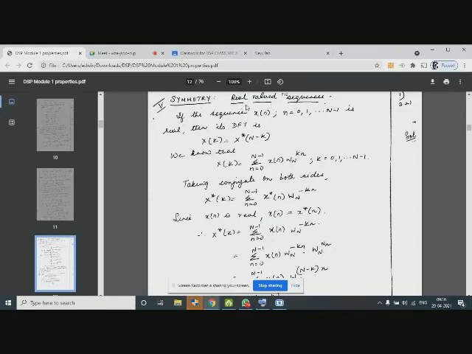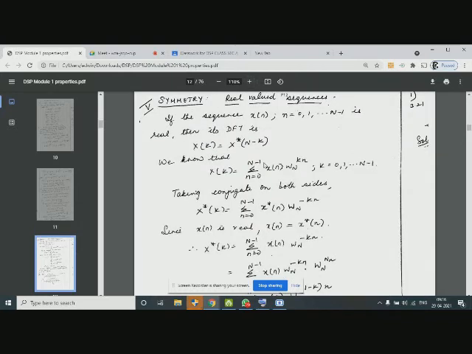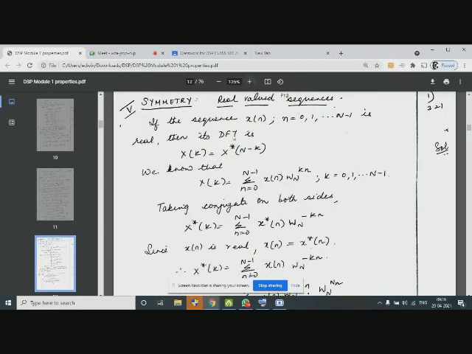So symmetry means, for a real valued sequence, real valued means you have real numbers, you have no imaginary terms. That means if you take a time domain signal which is real valued, you don't have imaginary terms. Then its DFT is given by, if you want, I can increase this further. I hope it's visible. So the DFT of that is going to be what?